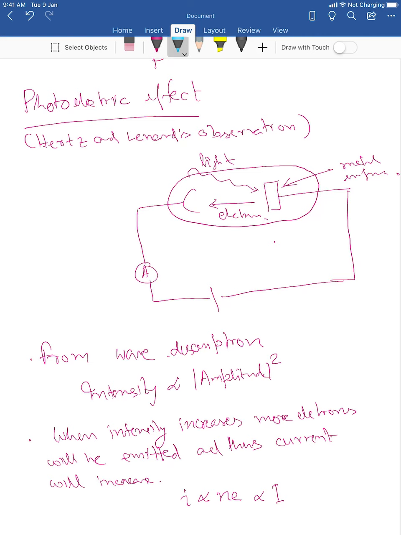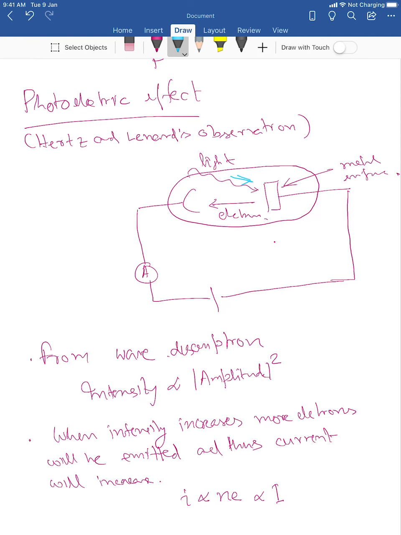So there is a metal plate, and you put incident light here, and when the light hits it with some energy, it will excite the electron, and the electron will come out.